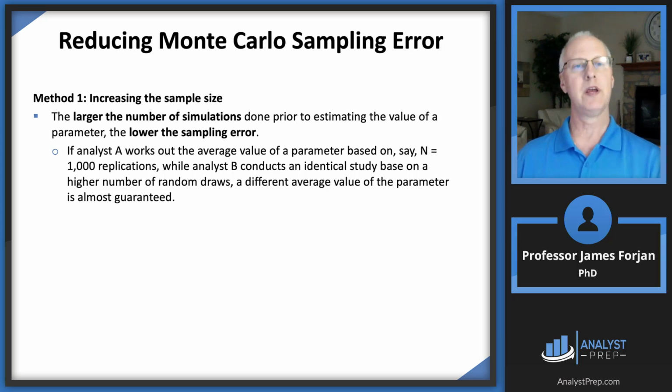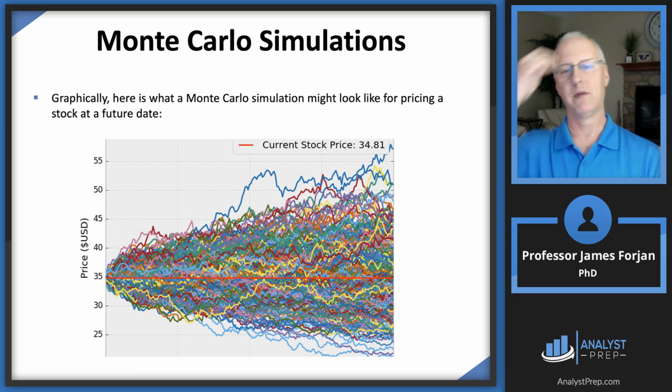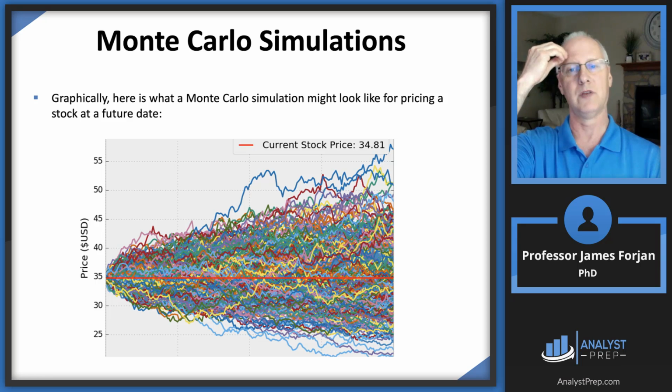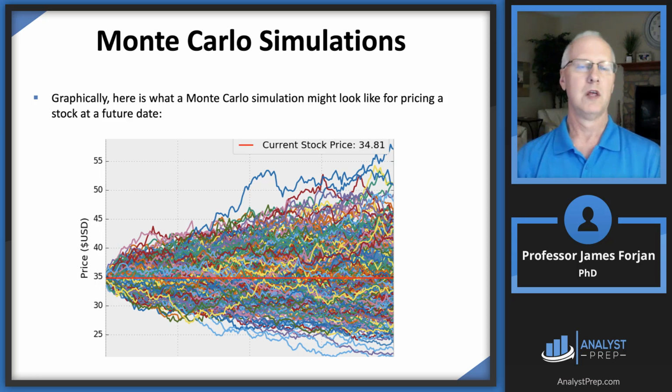Now, the issue here, let me go back to this picture. The issue with Monte Carlo simulation is the resultant volatility or variance or standard deviation of all of these possible outcomes. Remember when we talked about simple linear regression, we used the method of ordinary least squares.